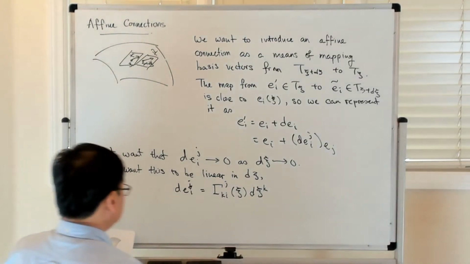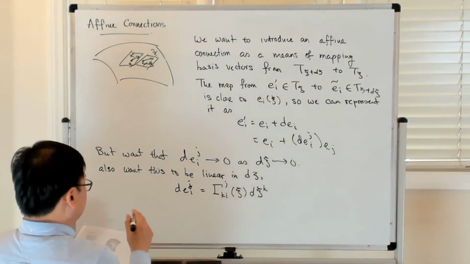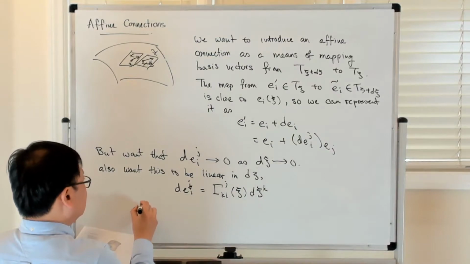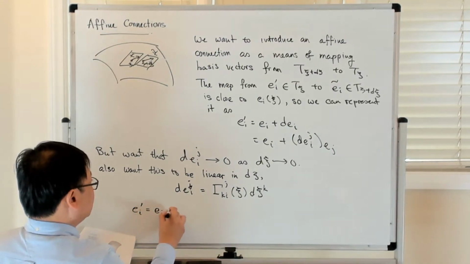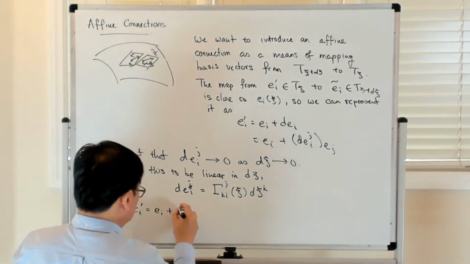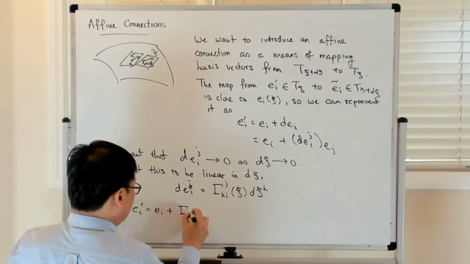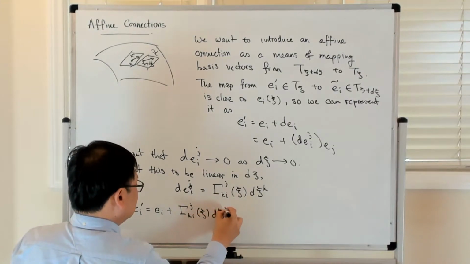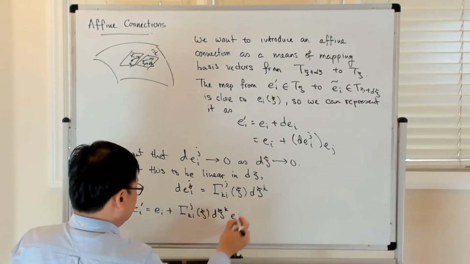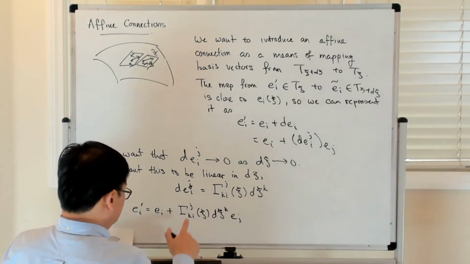So when you put that all together, what this is saying is that this new basis element is equal to the old basis element plus gamma^k_ij at c, dc^k, e_j.